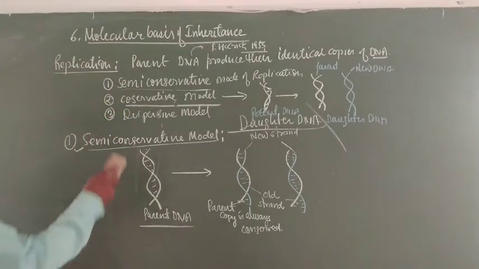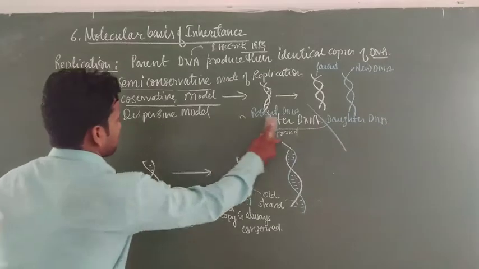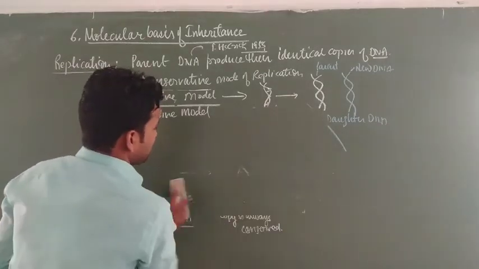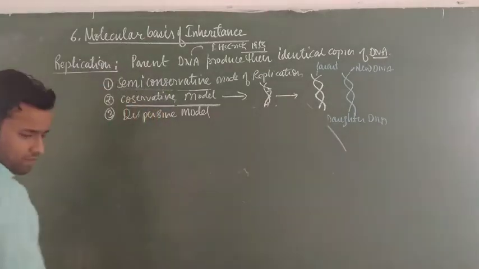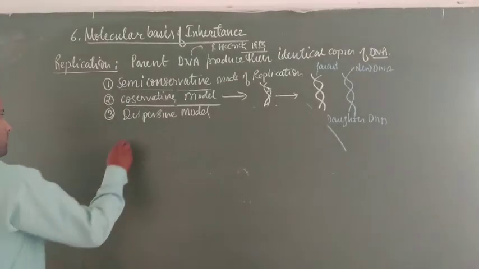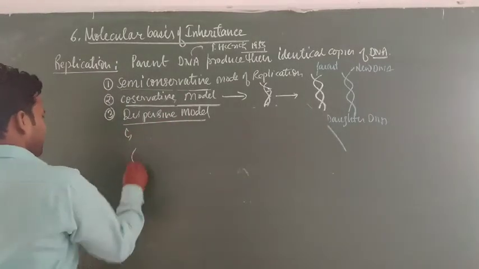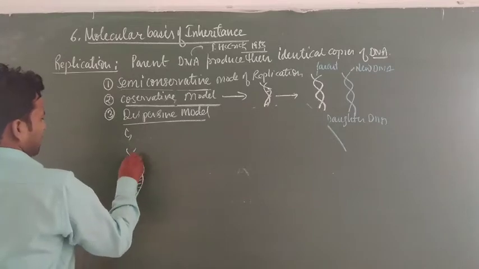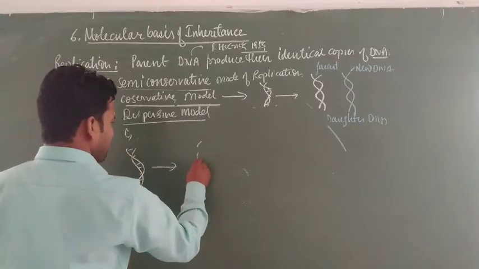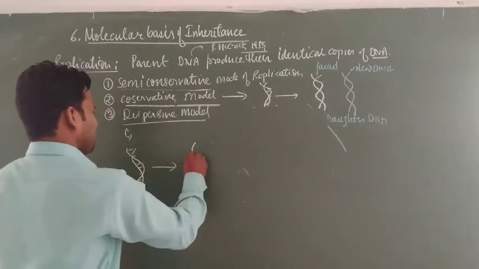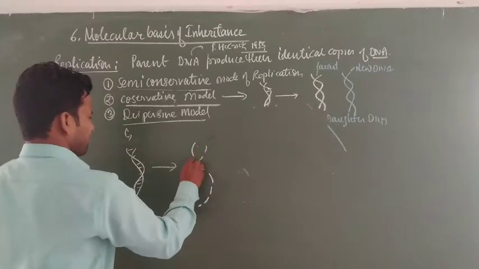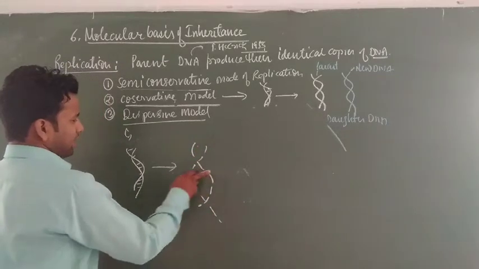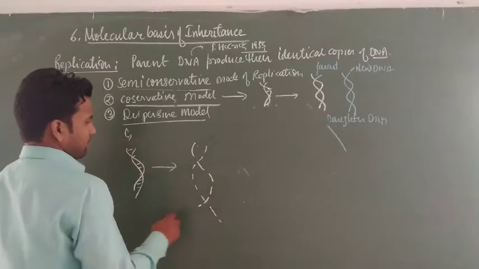Now, in the dispersive mode of replication, the parent DNA, if they are going to replicate, is first fragmented, and the fragments are separated from each other.